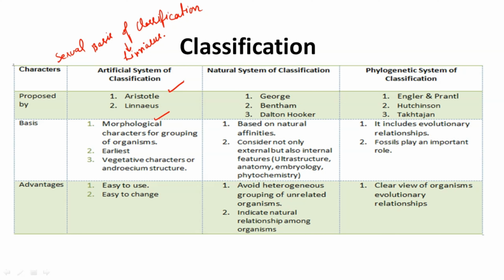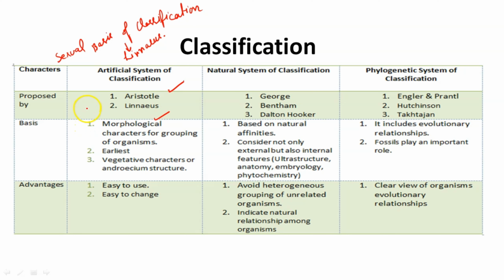Because he gave androecium characteristics mostly in plant classification, the credit for the sexual basis of classification goes to Linnaeus first of all. This is the earliest and the easiest classification we will come across.